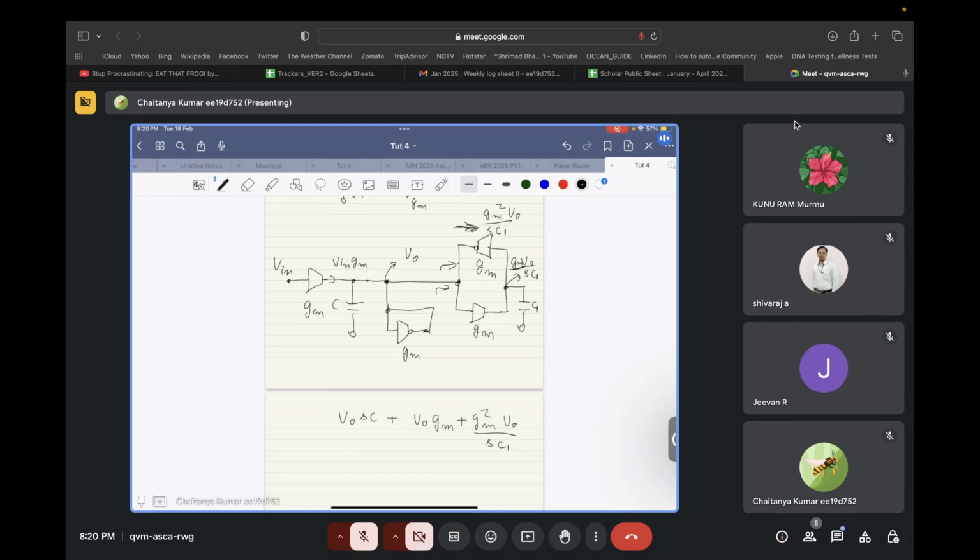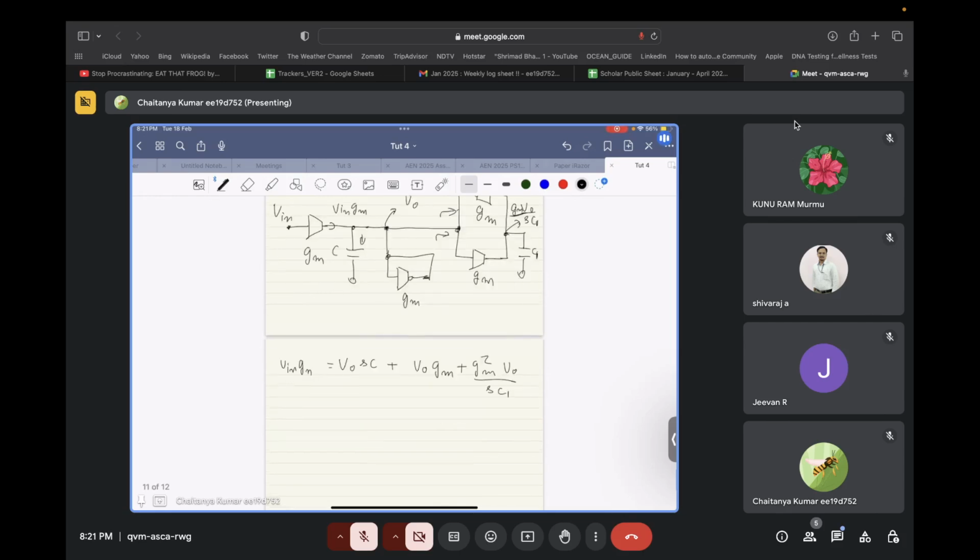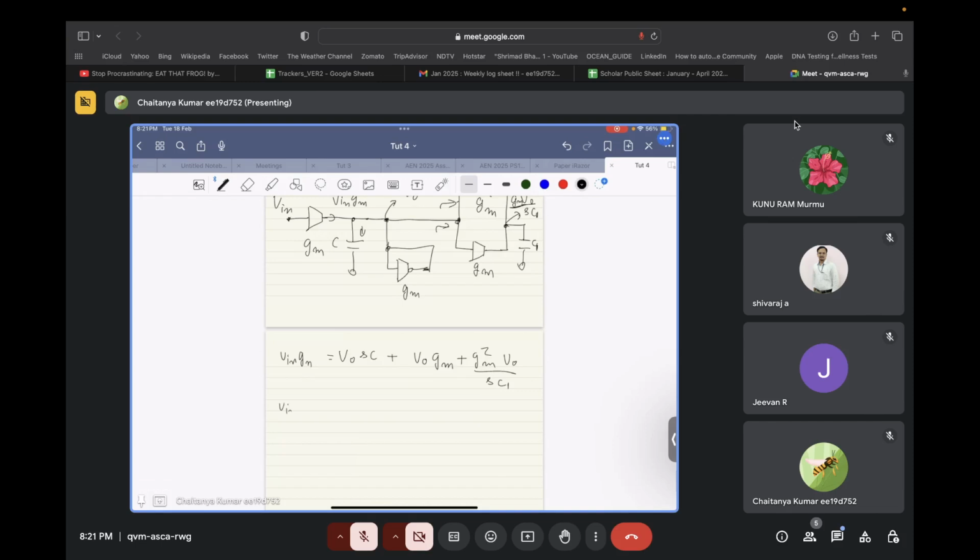So this is the total current that is flowing into all the components due to V naught, and what is coming inside this node is V in times GM. So applying KCL on this node of V naught, we have V in times GM is equal to V naught times SC plus V naught times GM plus GM square V naught by SC1. So let's try to simplify this expression.